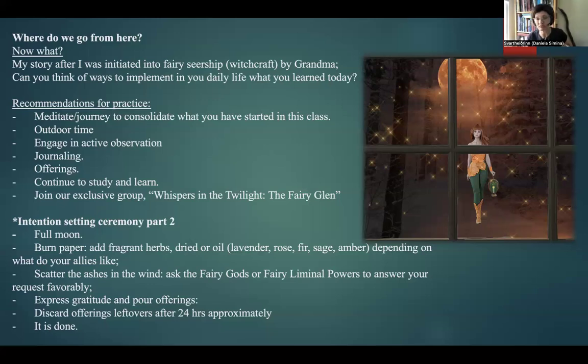Initiatory experiences can be very subtle, and they can happen in dreams. They can happen while you walk in the park. They can happen when you honestly just try to sit down and meditate and connect with a fairy ally. So your initiatory experience is your initiatory experience, and the answer to that will come based on what your intent was, the one that you wrote on paper and energized. That will be taken into account as well.